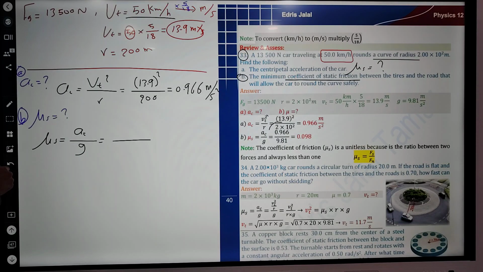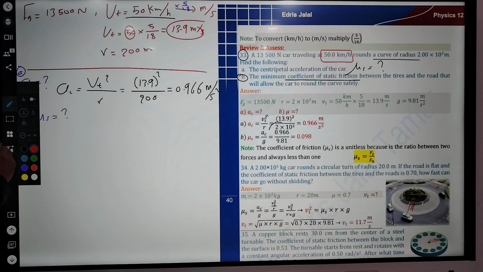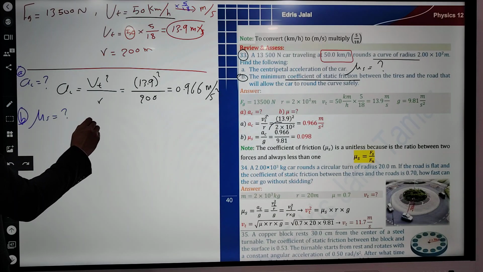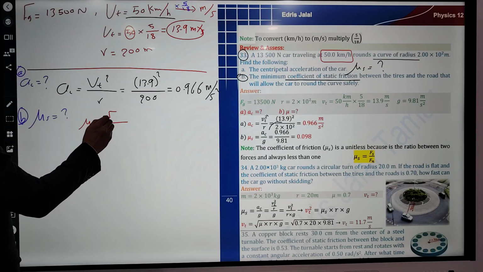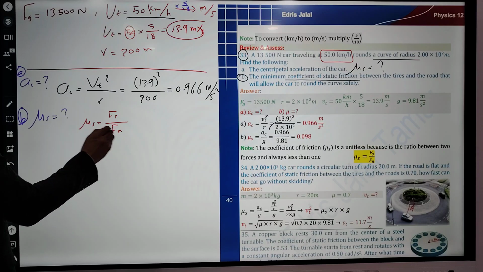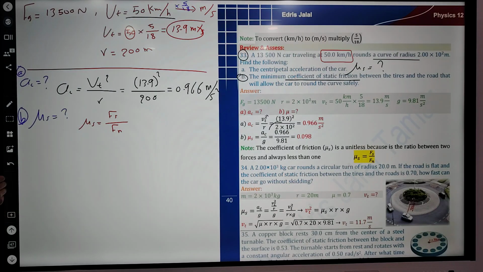If you want, I'm going to prove it again, because maybe students ask how we can get this equation. Mu s is equal to Fs over Fn. But when a car is moving in a circular path, the centripetal force is provided by Fs, and Fg is equal to Fn.